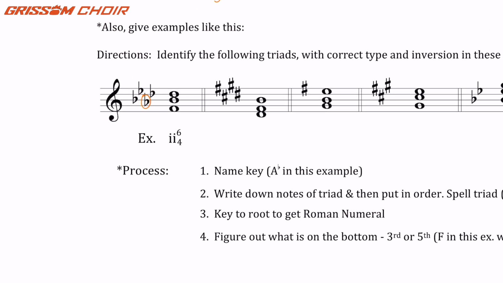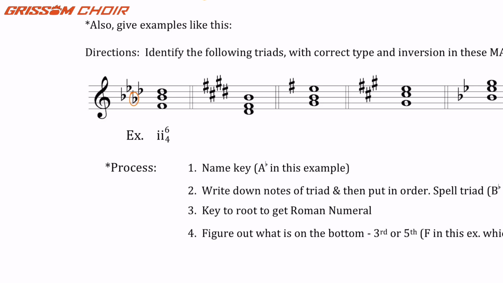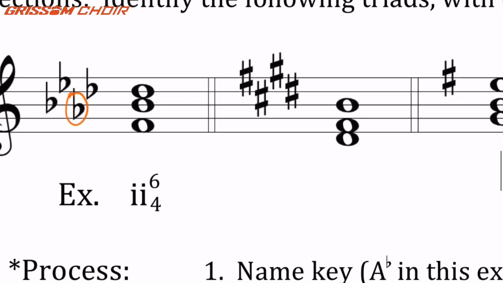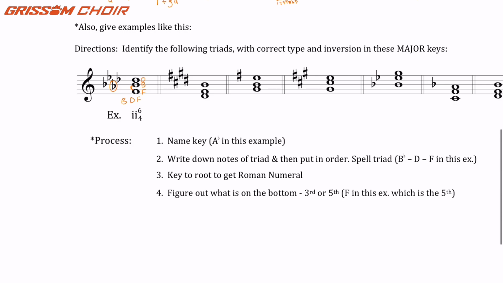We write down the notes of the triad, and then we put them in order. So these notes would be F, B, and D. The correct order would be B, D, and F because of where this gap is. We find the key to the root of the Roman numeral.